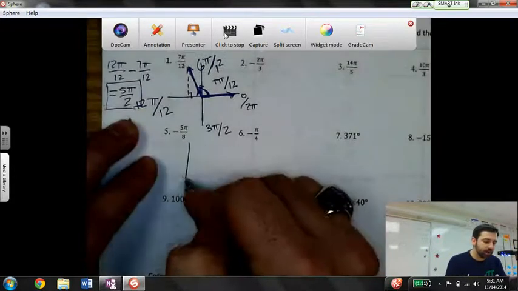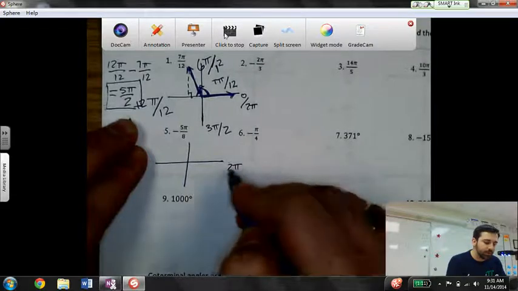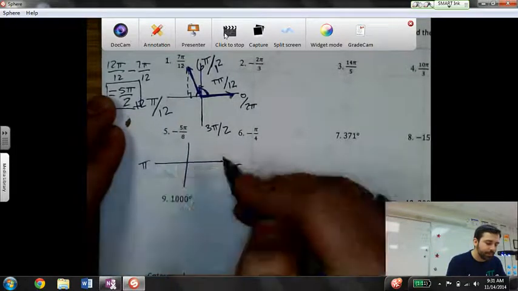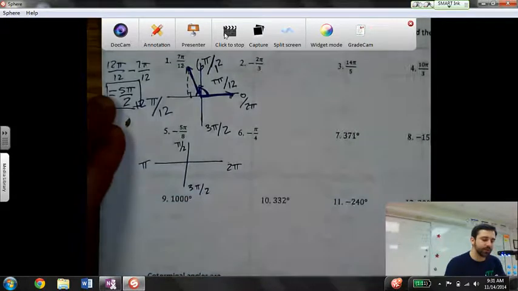Once again, draw an axis with 2 pi, pi over 2, and then 3 pi over 2. And then convert all of these using the angle measure they give us.